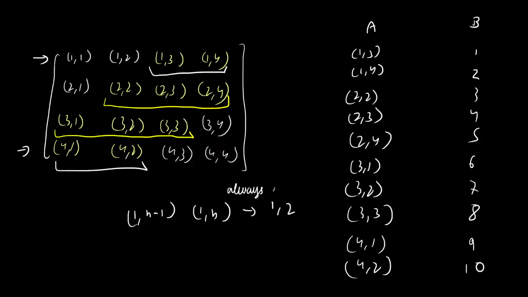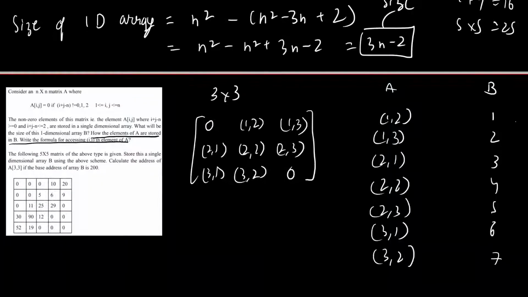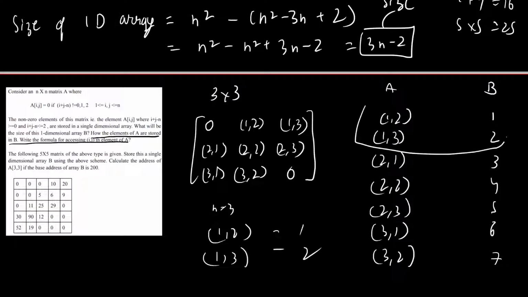So in case n equals 4, 1 comma 3 and 1 comma 4 are always stored at 1 and 2. And here n equals 3, so 1 comma 2 and 1 comma 3 are stored at 1 and 2, which we already found out.